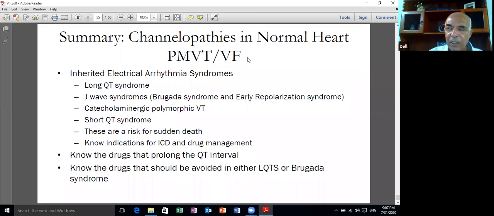So if you have a patient who still didn't complete the 6 weeks of waiting for primary prevention, and at the same time the patient is having a lot of electrical instability and a low ejection fraction, this is the indication for the wearable defibrillator.